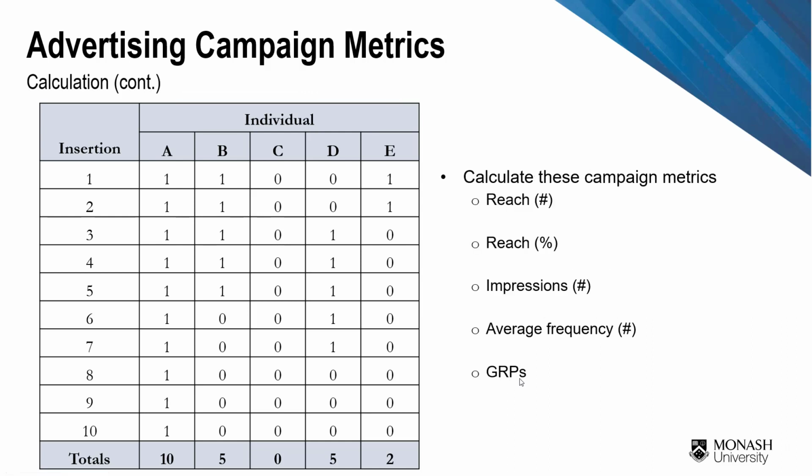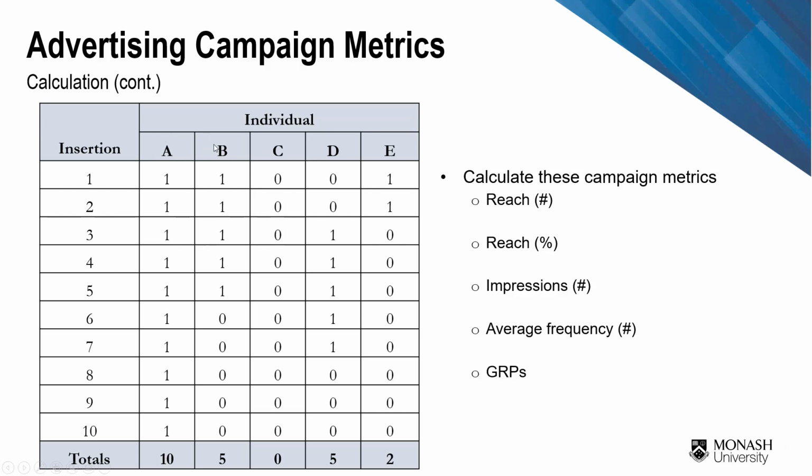Well, reach is basically the number of people who have viewed your advertisement at least once. So in that case, individual A will be considered as 1 reach, although this person has watched it 10 times, it's still considered as 1, because if you recall the definition of reach, it's the person who has watched at least once.